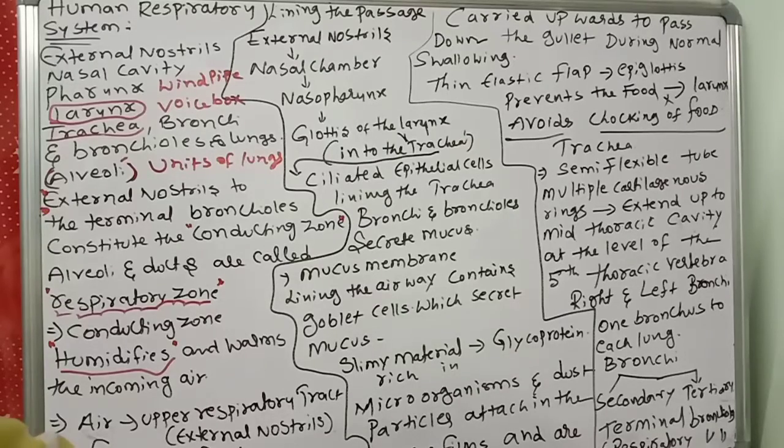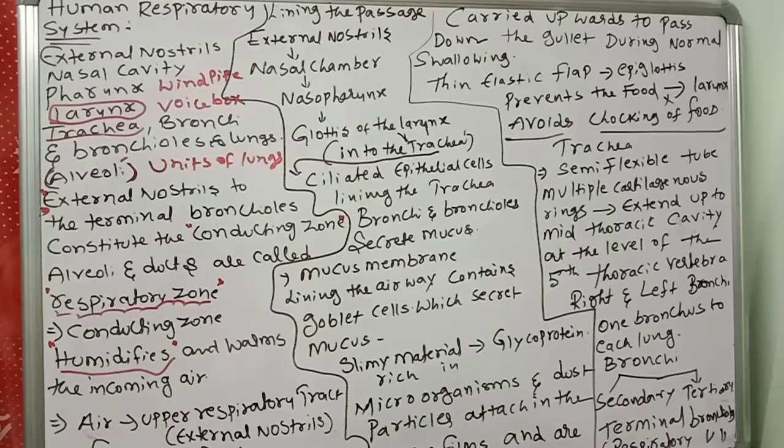Then we will also see respiratory bronchioles. This is the most important. What happens? One bronchus goes to each lung. Within the lungs, the bronchi divide repeatedly into secondary and tertiary bronchi, and further into terminal bronchioles and respiratory bronchioles.